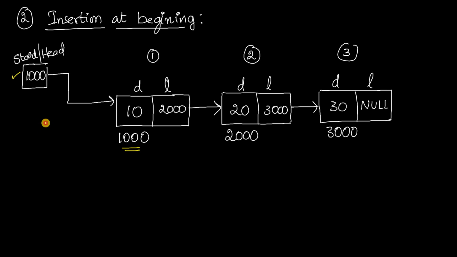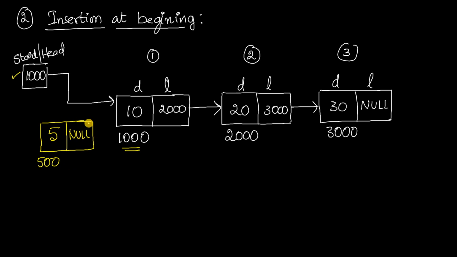Now I want to insert a node at the beginning. So first of all, create the node, right? So suppose I want to store data 5 there, and suppose the address is 500, and initially it will have the value null. Whenever it is newly created, it will have the value null.